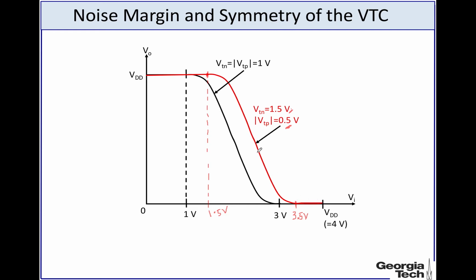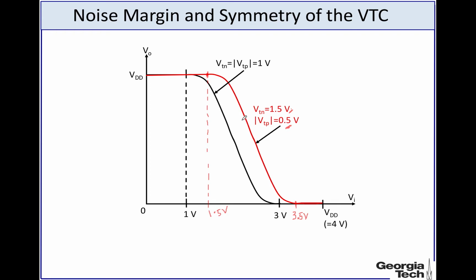And if you compare the case when both threshold voltages were 1 volt, you will see that the red curve, the voltage transfer curve for 1.5 volt N MOSFET threshold voltage and 0.5 volt P-type MOSFET, shifts to the right. So that's an important property of the voltage transfer curve.